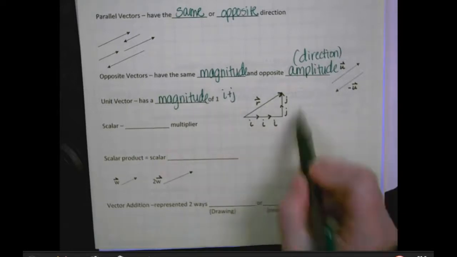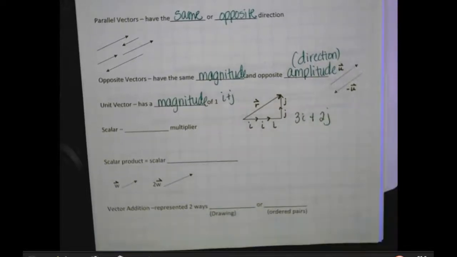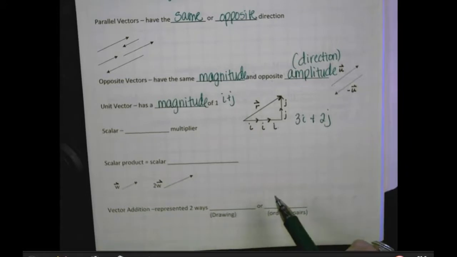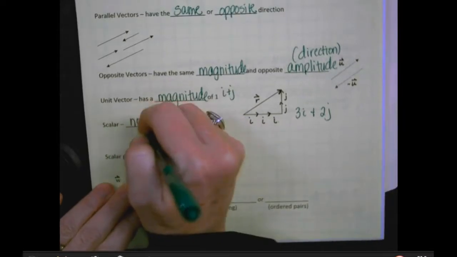So I would write 3i plus 2j. It's just the way it's written for the unit vector. So the unit vector has a magnitude of 1, just like the unit circle has a radius of 1.